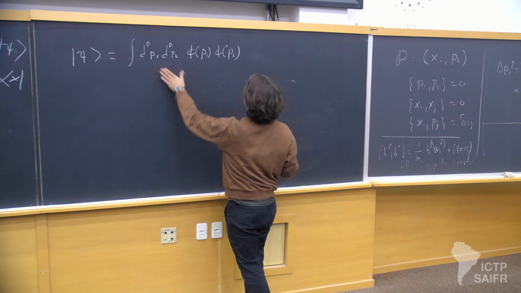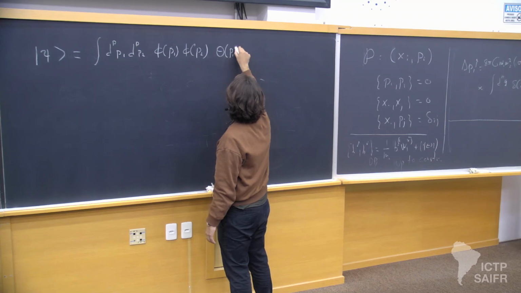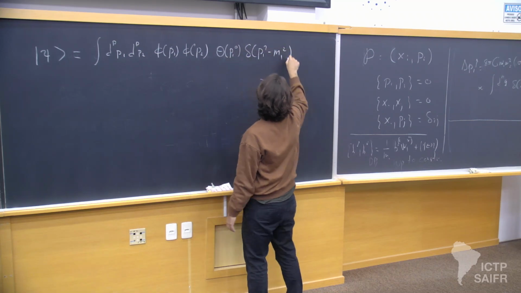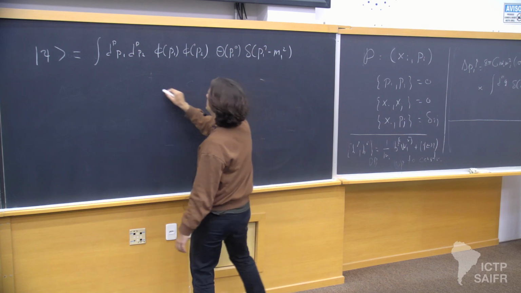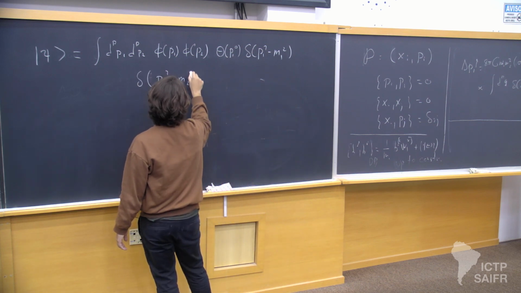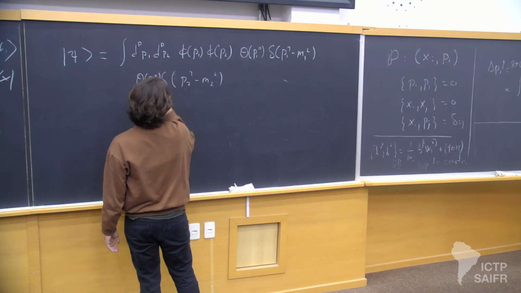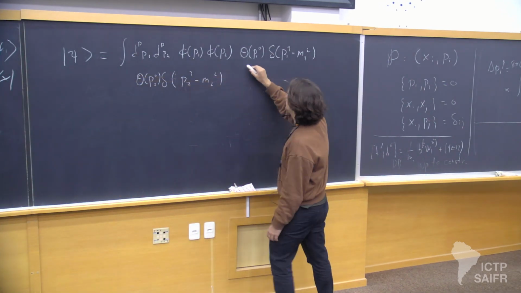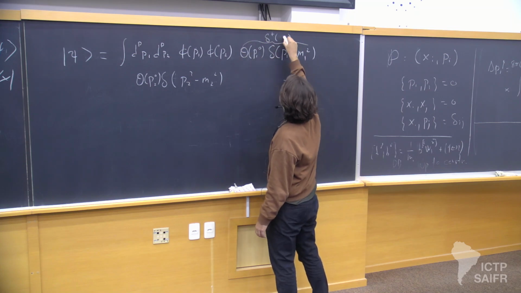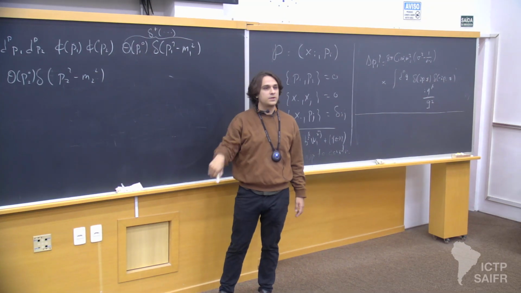These have to be on shell, right? So I have to have theta of p1^0, delta of p1 squared minus m1 squared, delta of p2 squared minus m2 squared, like theta of p2. And from now on, I will save energy by writing these as delta plus of something, where the plus just means I need to pick up the positive energy part.